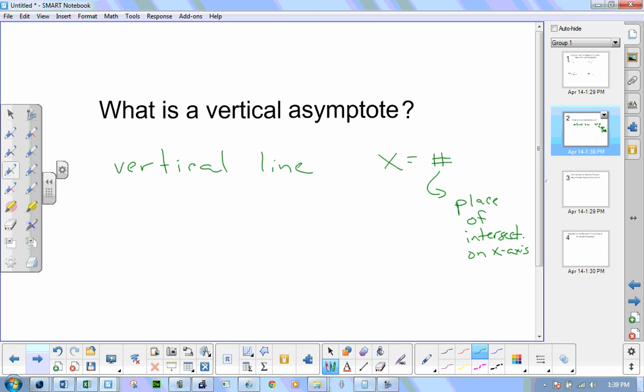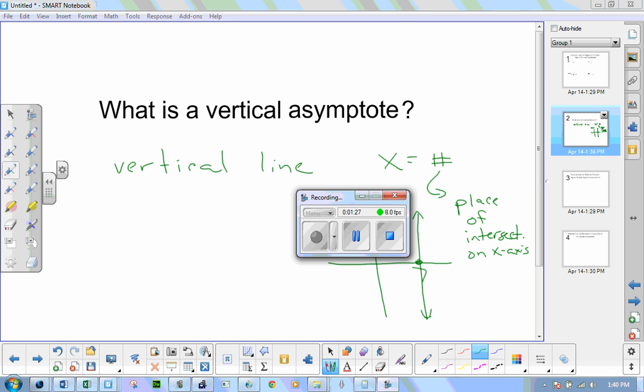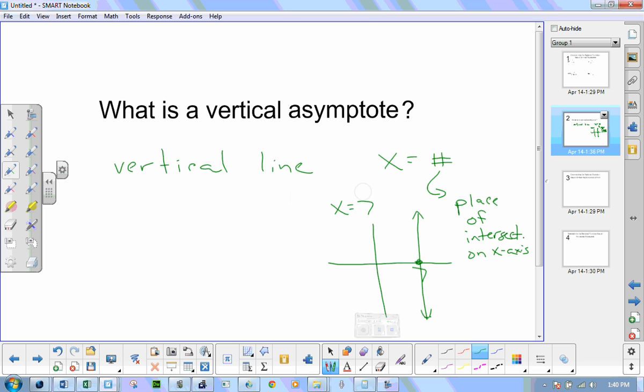Just as a rough sketch, if you had an asymptote at x equals 7, you would have a vertical line that goes through 7. That's the basic notion of what a vertical asymptote is going to be.